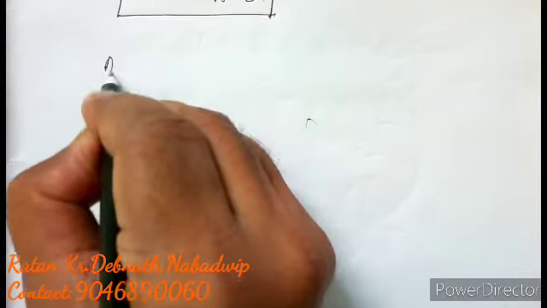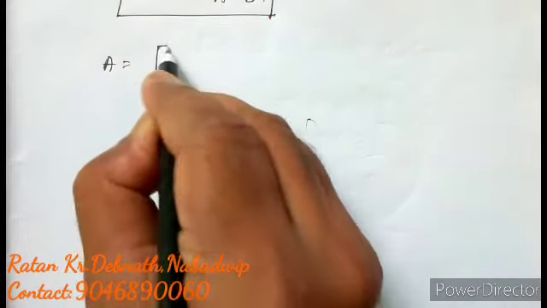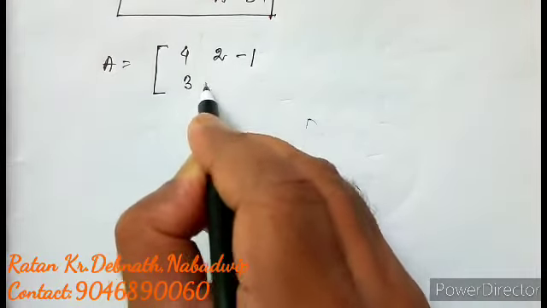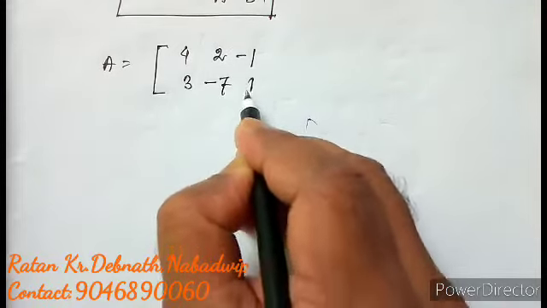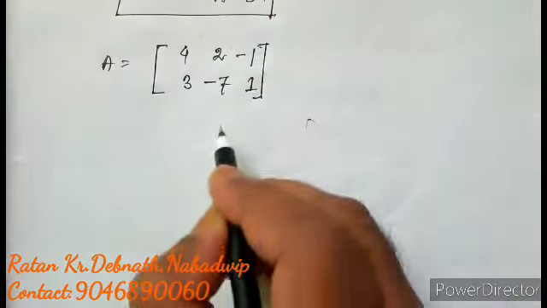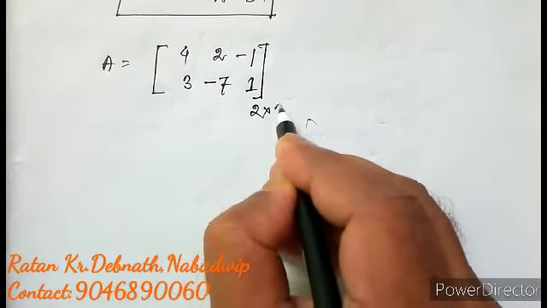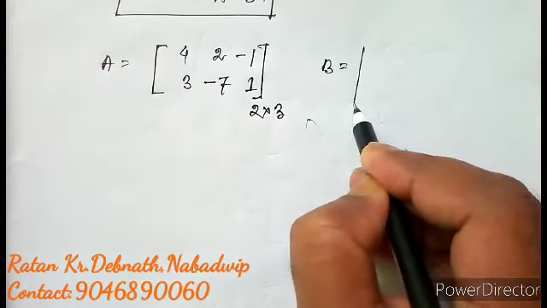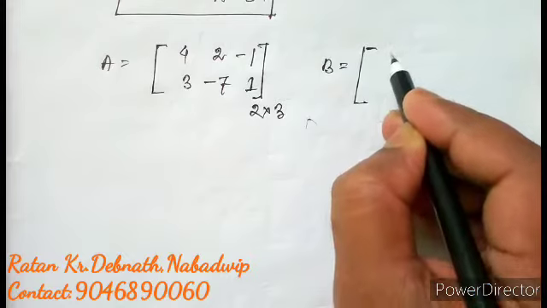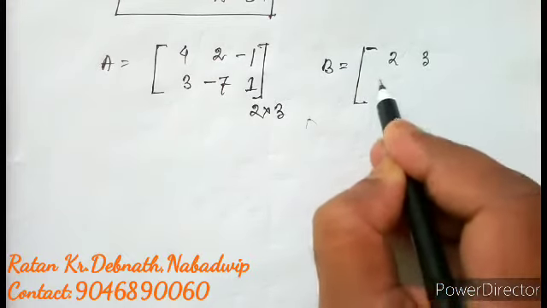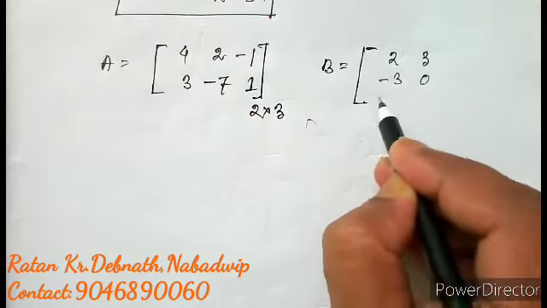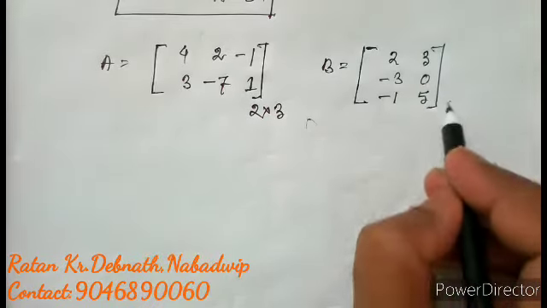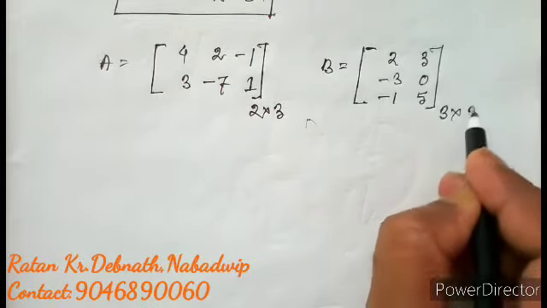Matrix A equals 4, 2, minus 1, 3, minus 7, 1, which is a matrix of order 2 cross 3, and another matrix B equals 2, 3, minus 3, 0, minus 1 and 5, which is 3 cross 2.